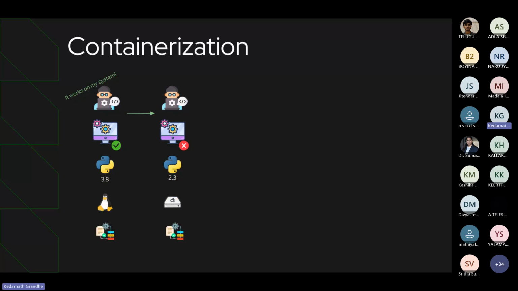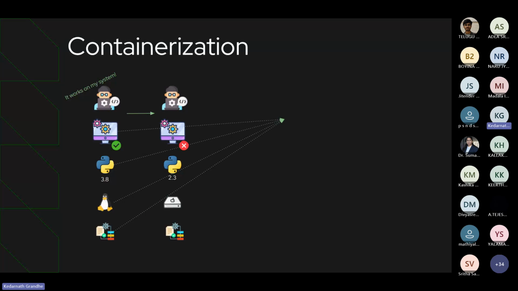There might be different configurations, several things that might cause this difference, because the developer developed using one environment, and the tester is testing the application in a different environment, so it may not work. This might be one of the major causes of the difference.